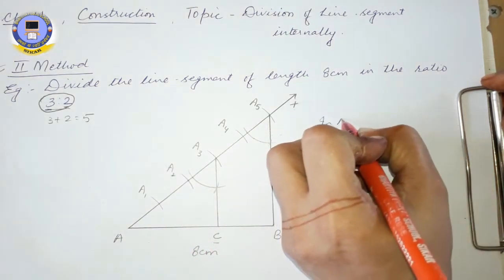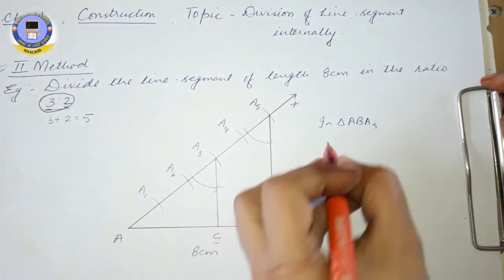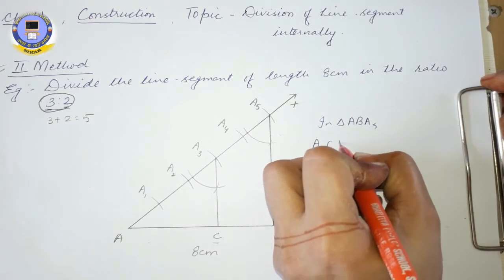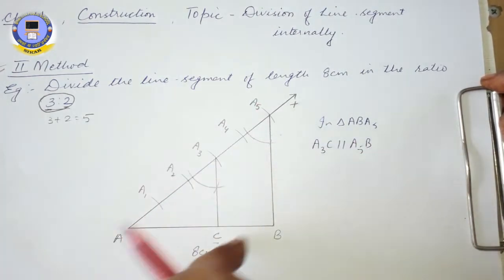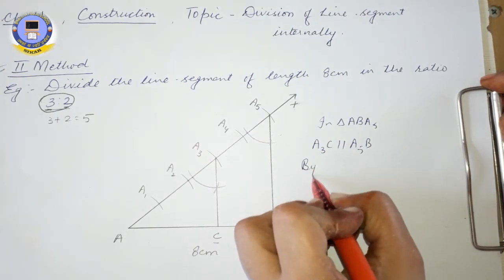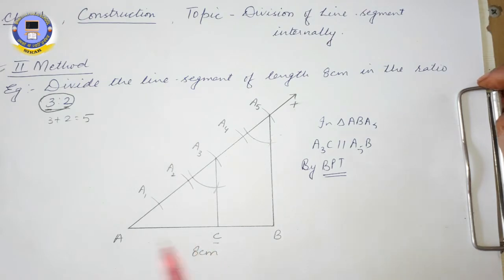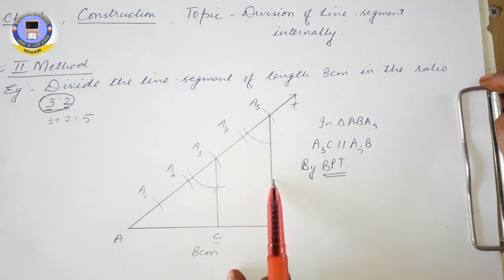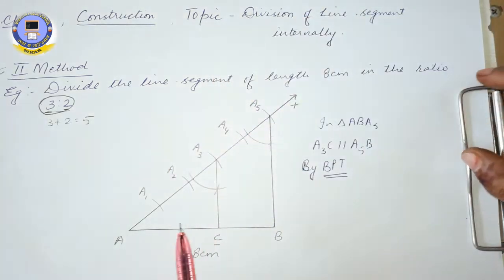In triangle ABA5, A3C is parallel to A5B. Both the lines are parallel. So by BPT, basic proportionality theorem, क्या रिजल्ट मिलता था? When a line is drawn parallel to any one side of a triangle, then that line divides the other two sides in the same ratio.